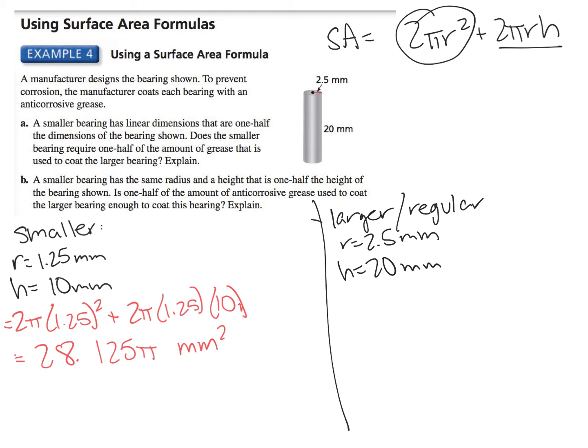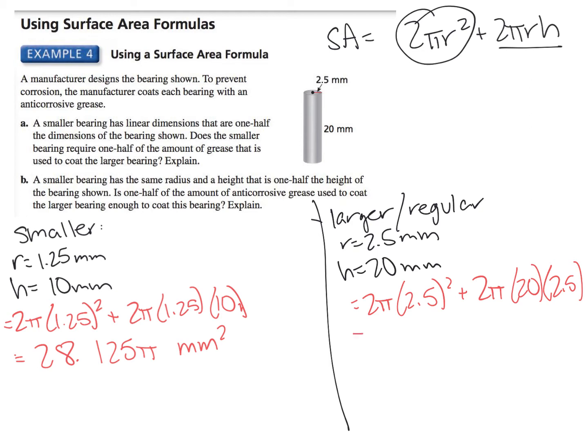Now looking at the regular or the larger bearing of the two, we're going to do the formula. So 2 pi 2.5 squared plus 2 pi 20 times 2.5. You can do them either way. It's multiplying.